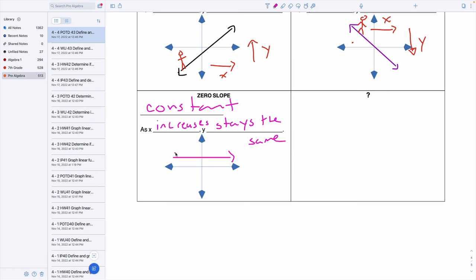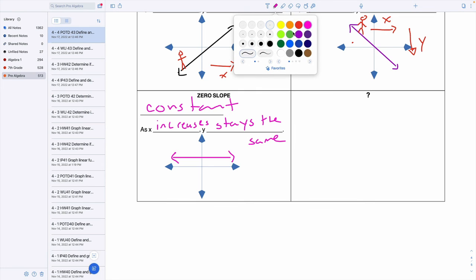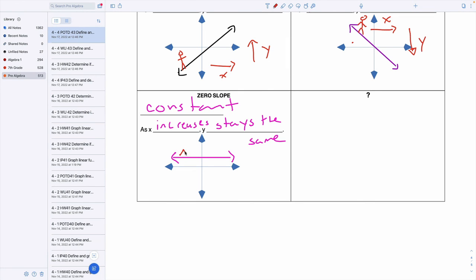X is increasing. It's going to the right, but it doesn't go up or down. This is a slope of 0. Here's your little man. And he likes it when slope is 0. He doesn't have to climb or fall down. He just likes to chill. That's a slope of 0.